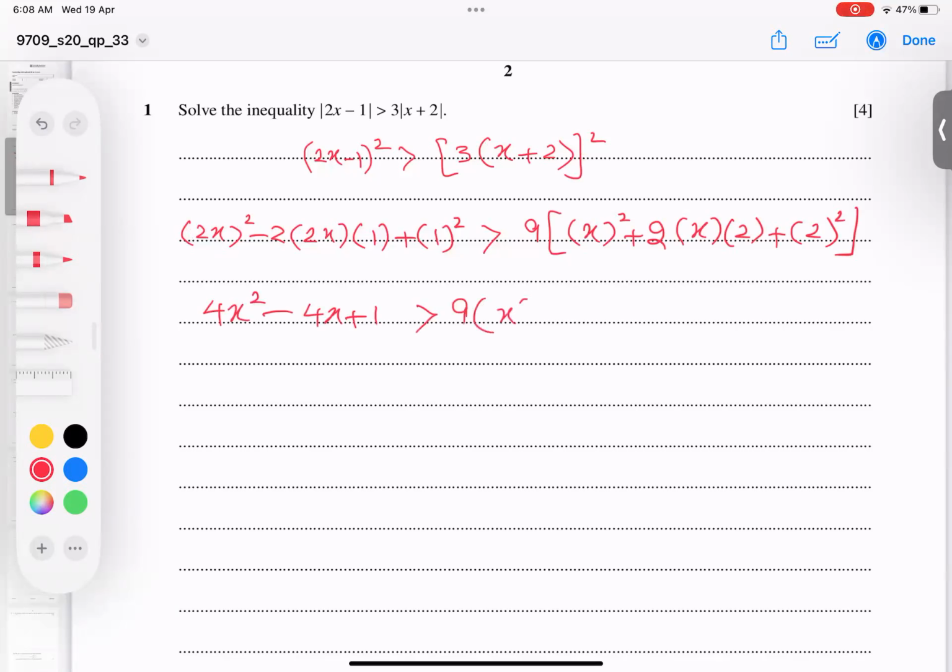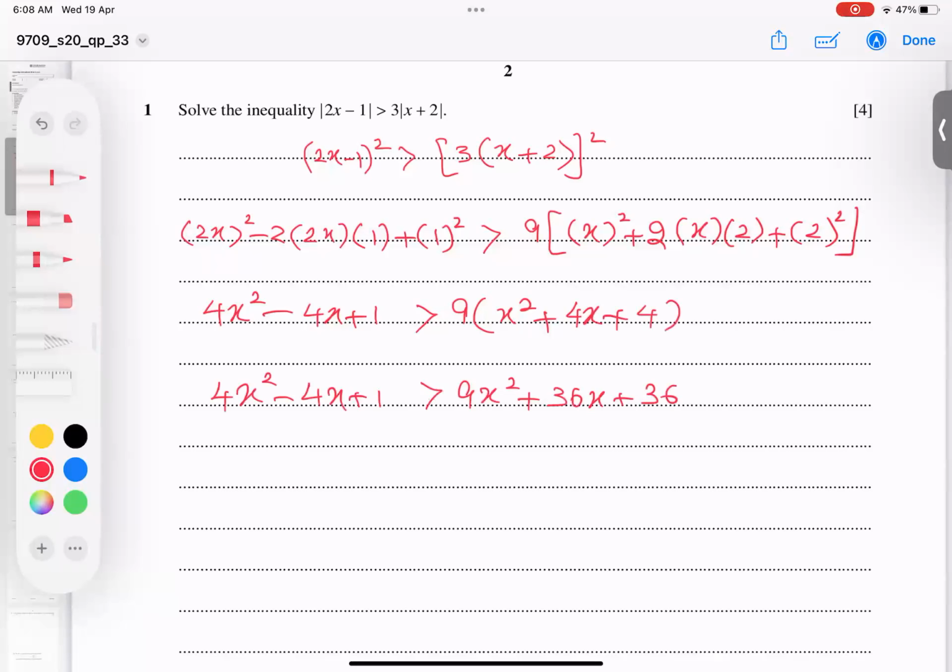Inside, x square, and 2 twos are 4 into x, and 2 square gives you 4. Now this 9 multiplies inside with every value: 9x squared, 9 fours are 36 and 9 fours are 36. This is done.